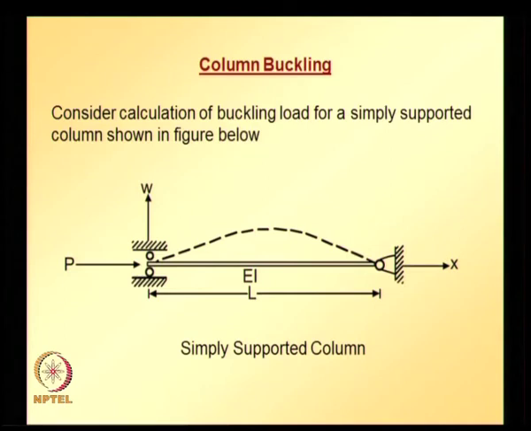The length of the column is L, EI is constant, the x axis is shown along the centroidal axis of the member, W is shown perpendicular to the x axis, and P is the load that is applied at one end. So, this is a simply supported column, and if you observe the boundary conditions, W at both ends is equal to 0 and also curvature at both ends is going to be 0.